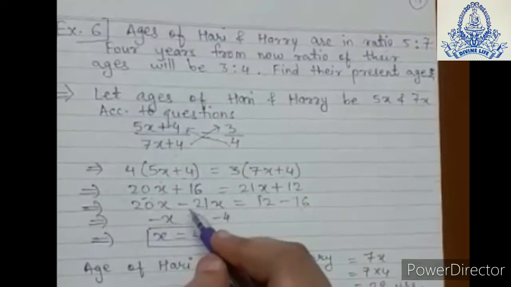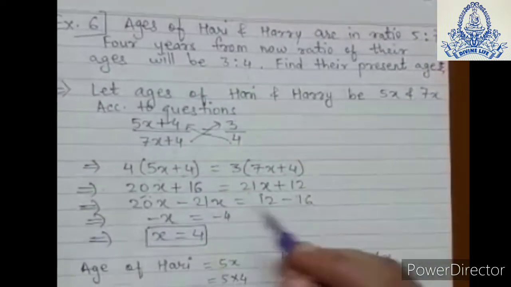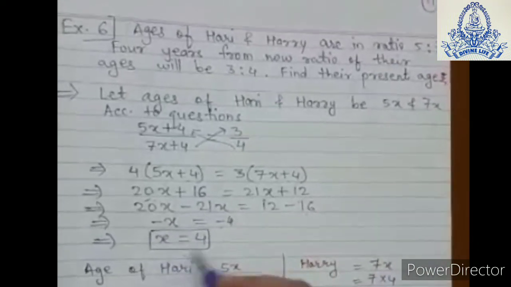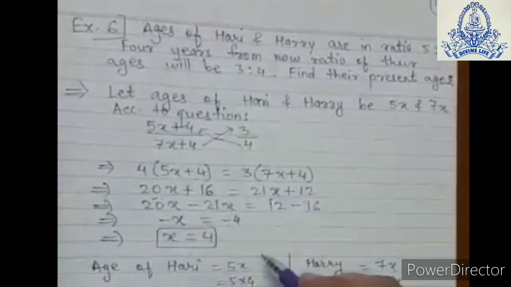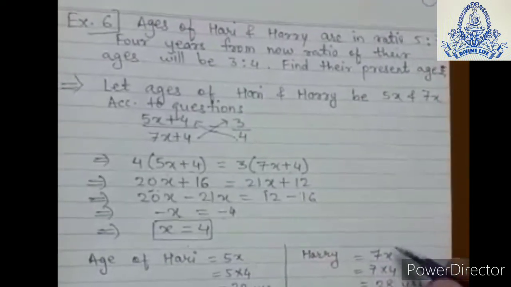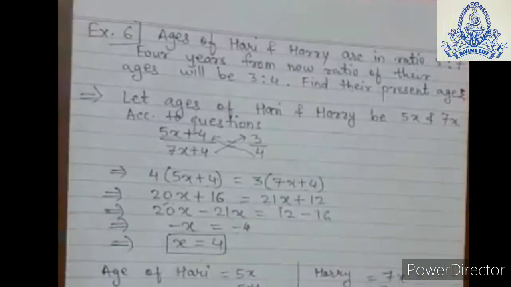So 20x minus 21x is minus x, and 12 minus 16 is minus 4. So the value of x is 4. Now the age of Hari is 5x. So 5 into 4 is 20 years, and the age of Harry is 7x. So 7 into 4 is equal to 28 years.